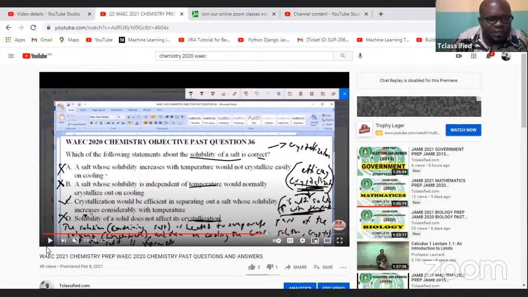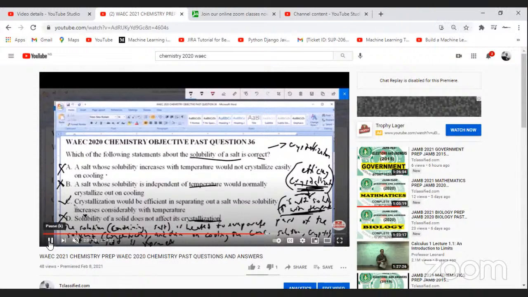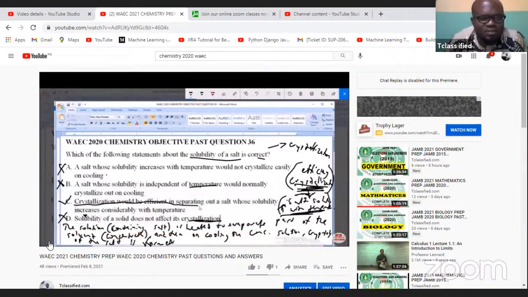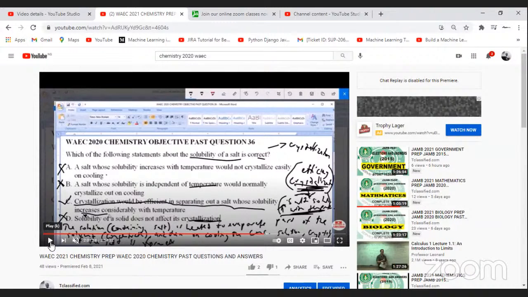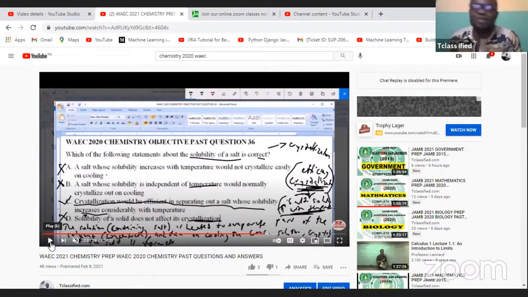So why did you say A is not correct? It says a salt whose solubility increases with temperature would not crystallize easily on cooling. It will crystallize once you cool it, because its solubility is very high at high temperature, so it will be fully dissolved in the solvent. But as you reduce the temperature, it crystallizes out immediately.